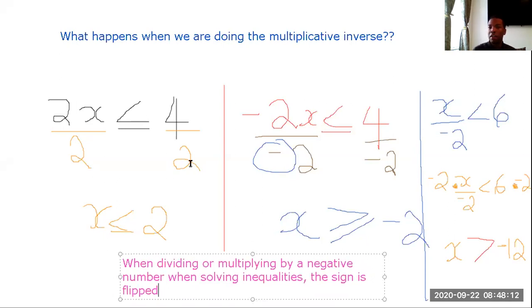So if I multiply or divide by a negative number right here, the sign is flipped. All right, sign is flipped.